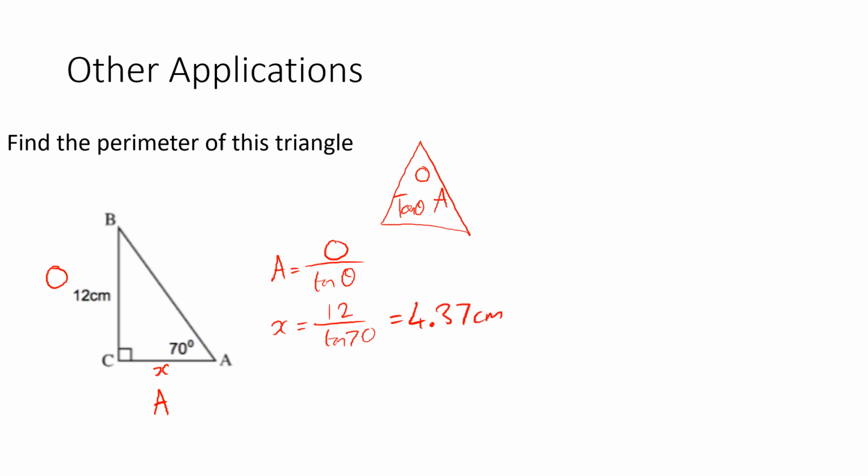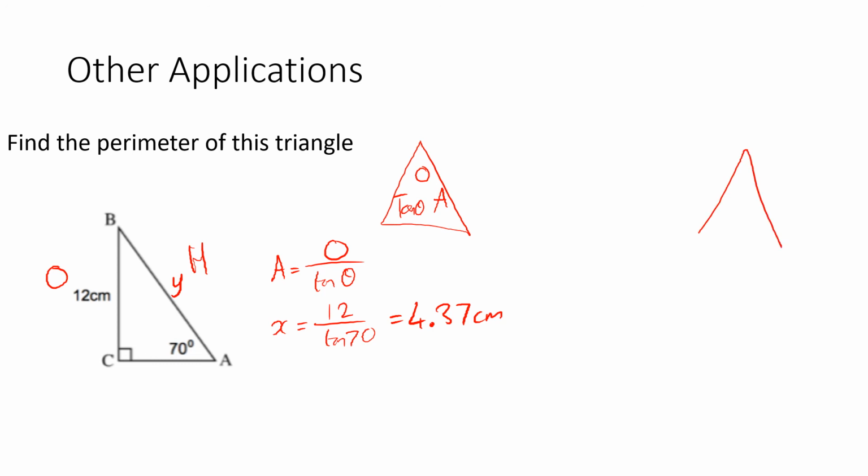And then to find the other side, we can call this y. We've got a couple of options. We could actually do Pythagoras here. We've got a side and a side. We could go 12 squared and 4.37 squared and get the hypotenuse squared. But as this is the trig one, I'm going to stick with the trig. I'm going to delabel the x, and these are the two sides I'm interested in now, and that's the opposite and the hypotenuse.